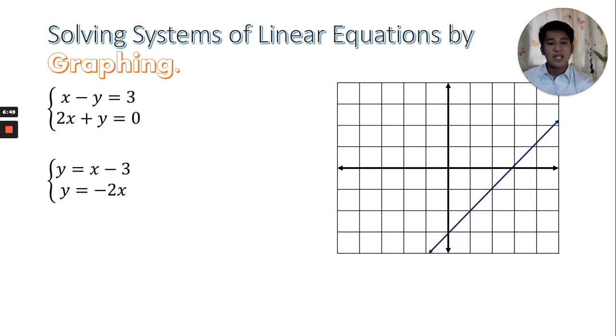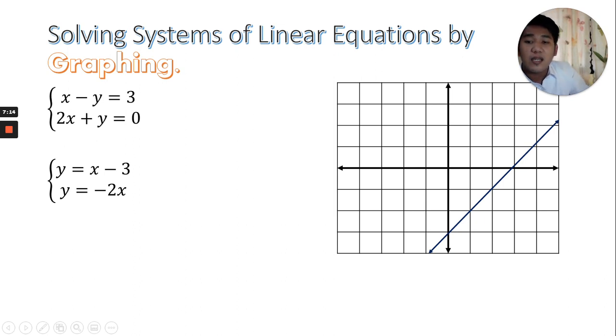This first line is the graph of the first equation, which is y is equal to x minus 3. Negative 3 is the y-intercept. Look at here. So we have that negative 3 and the slope is positive 1. Rise over run, 1 unit upward, 1 unit to the right. So we have this line as the graph.